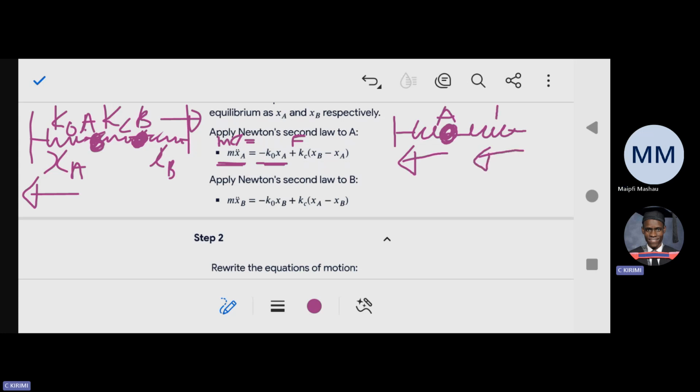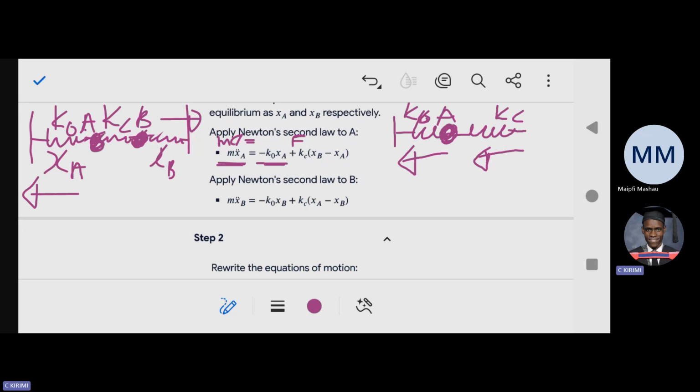Remember, this spring is a constant KC, and this spring is a constant K0. I have not attached the mass B here. I'm only dealing with A. They are all going to move in the negative direction.